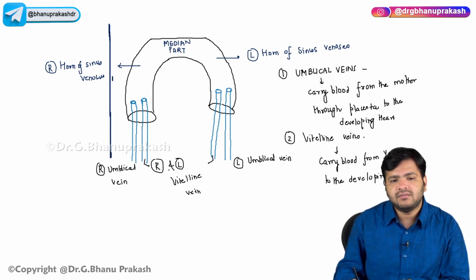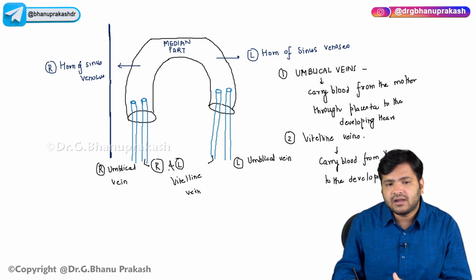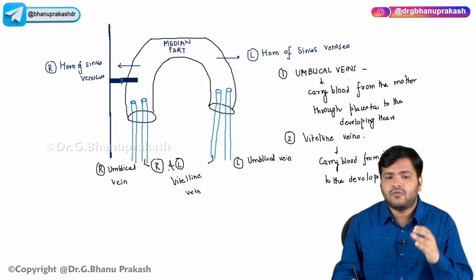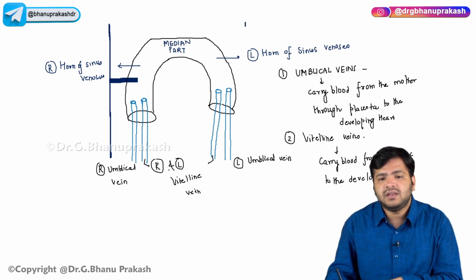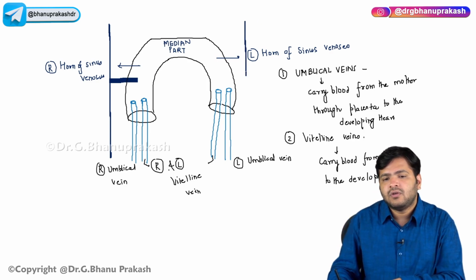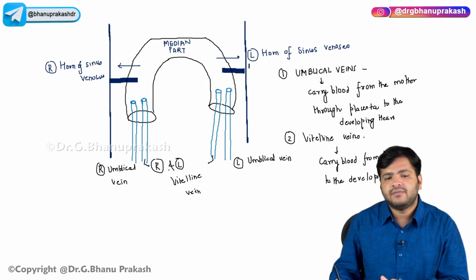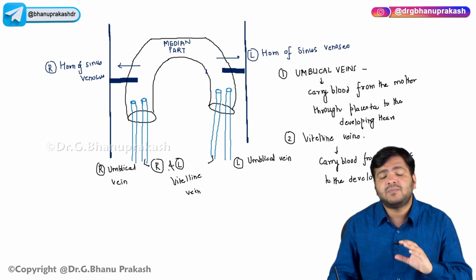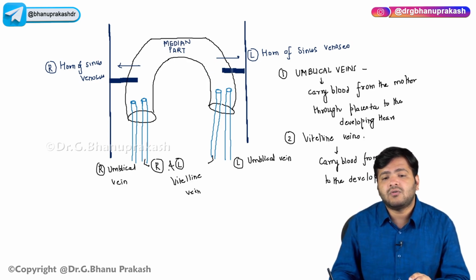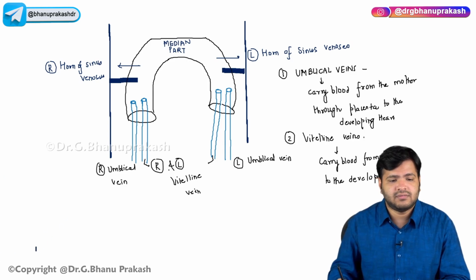The anterior cardinal vein and the posterior cardinal vein are draining the blood, forming the common cardinal vein, and it is draining the blood into the right horn. Similarly, on the left side, yes, we have the left anterior cardinal vein and left posterior cardinal vein forming the common cardinal vein and draining into the left horn of the sinus venosus.